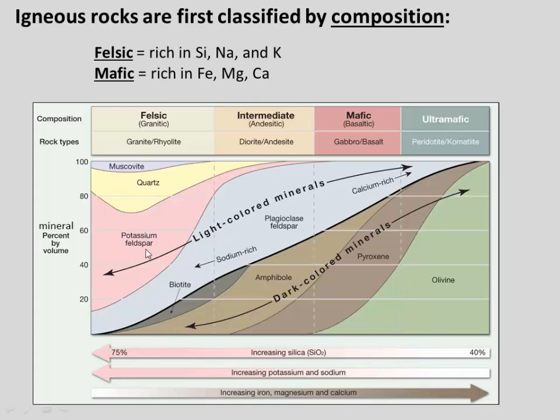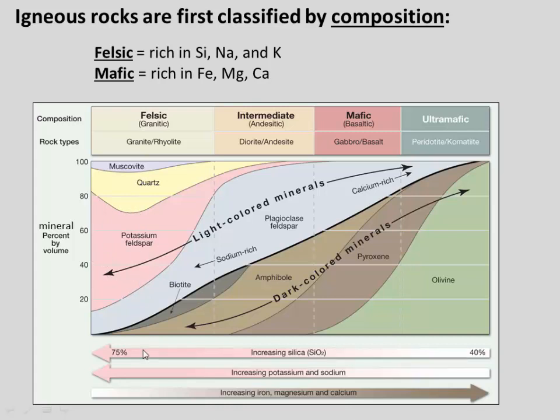This main panel shows the mineralogy of these different igneous rock types in terms of percent of the rock by volume. So imagine a felsic rock, which might be called a granite, for example. That's going to have roughly 5% muscovite, roughly 20% quartz, roughly 50% potassium feldspar, and so on.